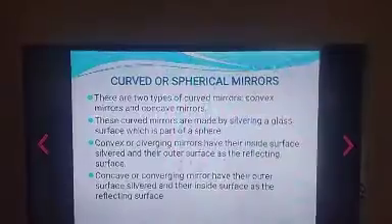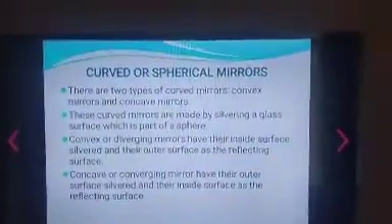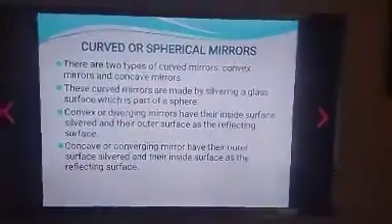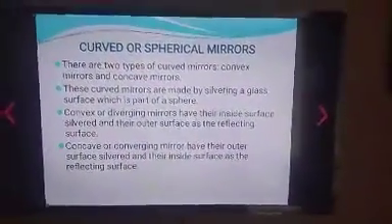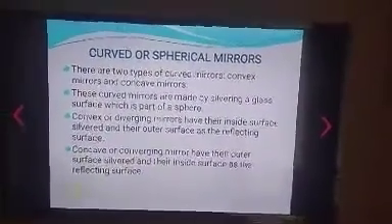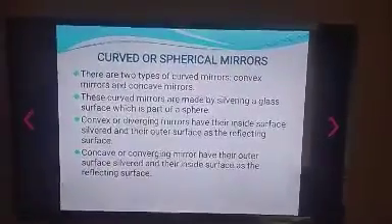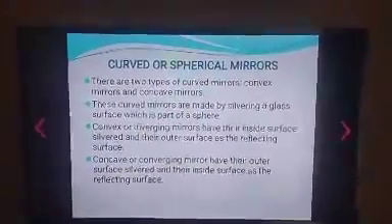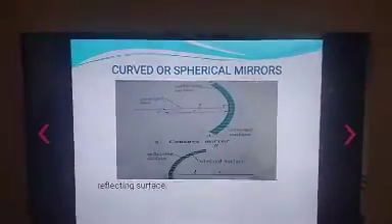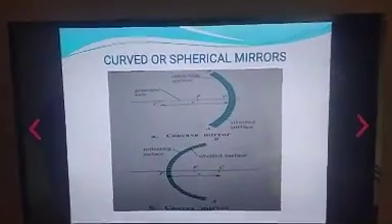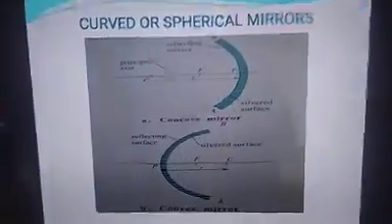These curved mirrors are made by silvering a glass surface which is part of a sphere. Now, convex or diverging mirrors have their inside surface silvered and their outside surface as the reflecting surface, while the reverse is the same for concave mirrors. Let's see how they are. From the diagram, A is a concave mirror.